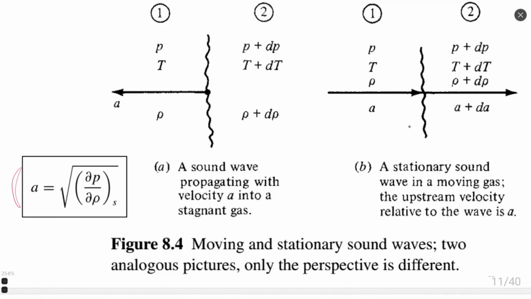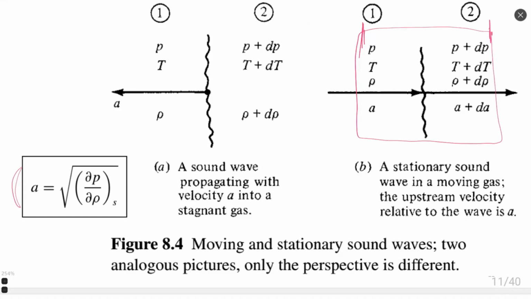So if I draw a control volume around all this figure, here we have inlet station 1 and outlet station 2, station 1 and station 2. And our flow properties are changing. Pressure is changing. It becomes from P to P plus dP. Temperature also has some differential, as well as density and velocity.